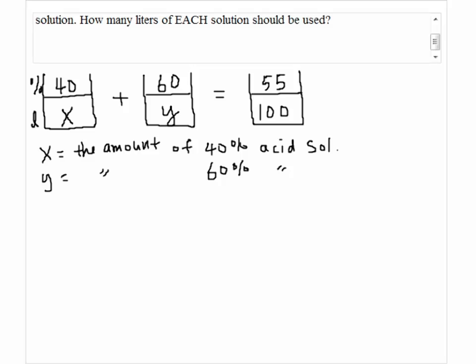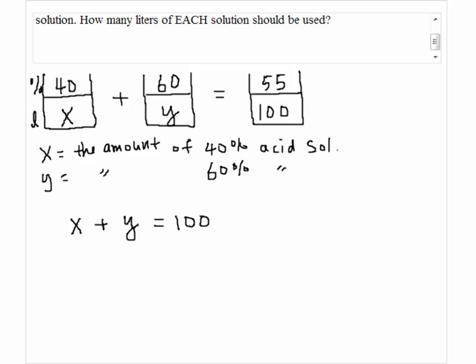Now we're going to make two equations since we have two variables. The first equation comes from the total amount of the mixture. When you add the amount of the 40% solution to the amount of 60% solution, we get the total of 100 liters.